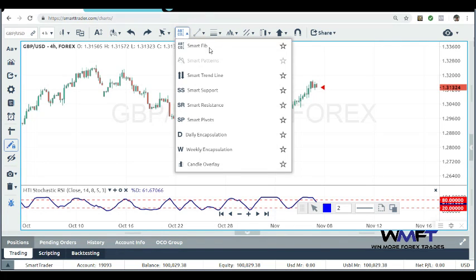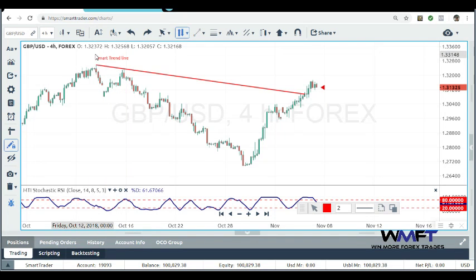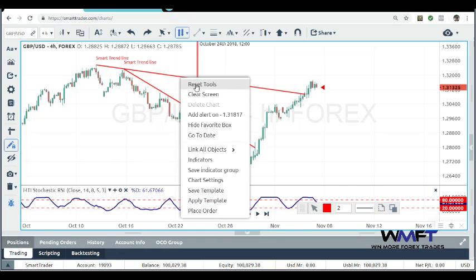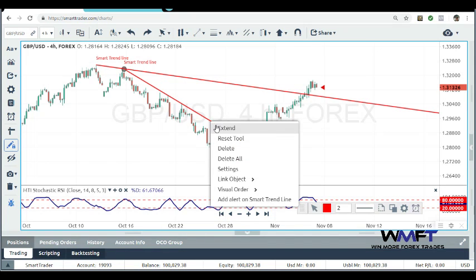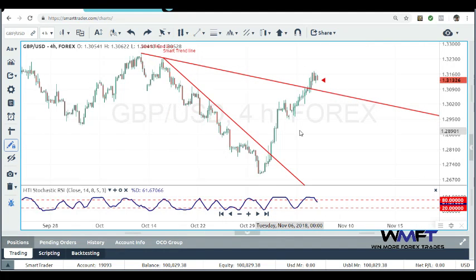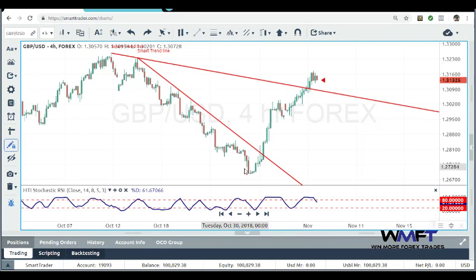Alright, so we're going to bring in our downtrend line, and we got another touch to that trend line right there. Reset. Extend, and then you can already see the power of trend lines working. Break the trend line, market will gravitate to the next trend line.